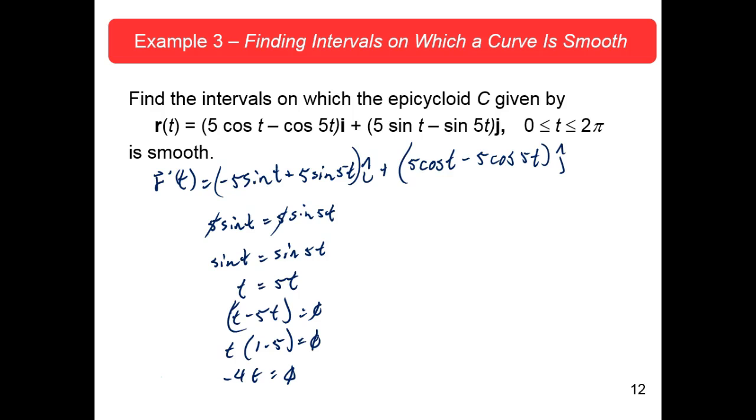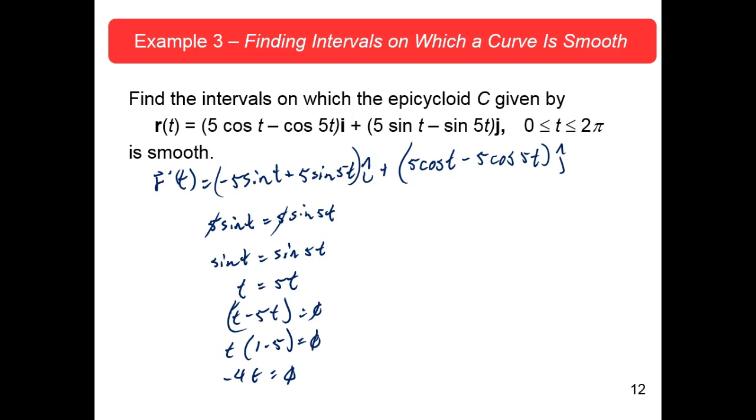Actually, a better thing to do: where are both of those equal to 0? At t equals 0, of course.